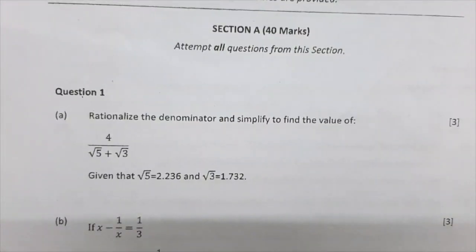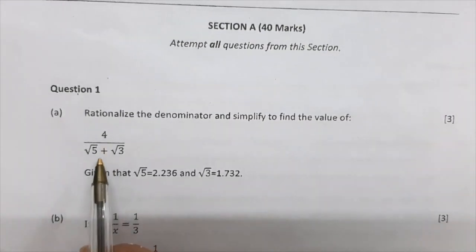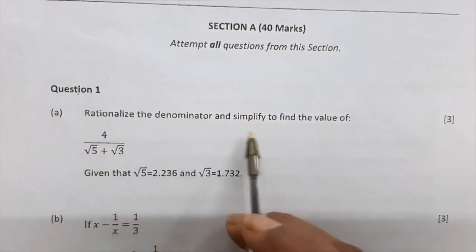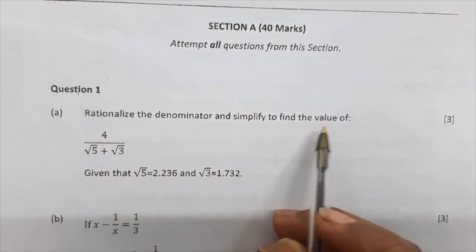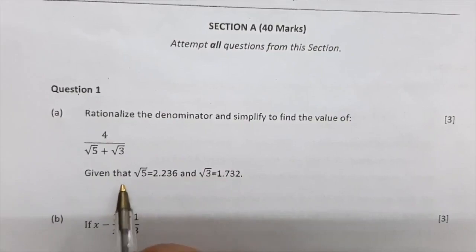Let's begin. Our question 1 of section A starts with rationalizing. Can you see this 4 upon root 5 plus root 3? We have to simplify this and find the value of this fraction, and we have been given root 5 and root 3 values. So how do we start with this? By rationalizing this fraction.